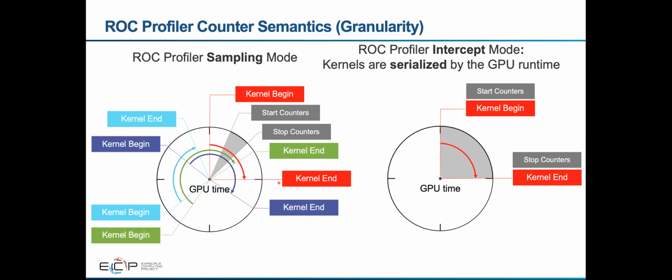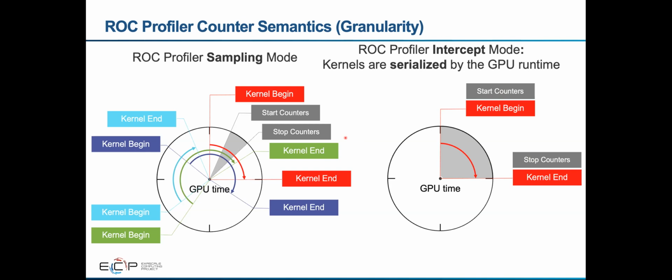In intercept mode, on the other hand, on the right-hand side, only one kernel can run at any given time, and counters cannot be started and stopped anywhere, but only at the boundaries of the kernel. So they can be started at the beginning of the kernel and stopped at the end of the kernel. They cannot be started and stopped here in this gray region over here.